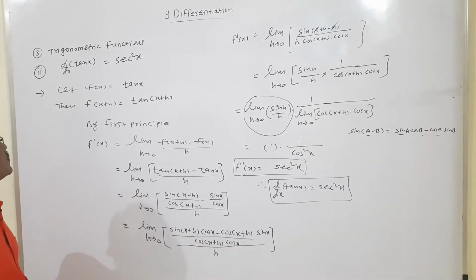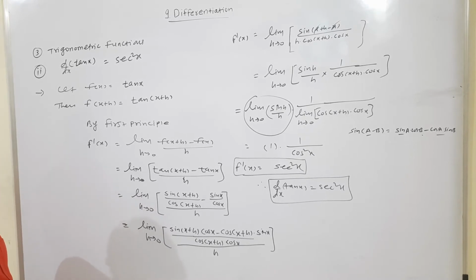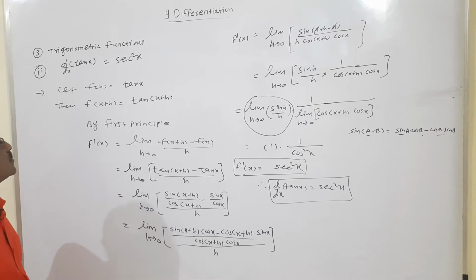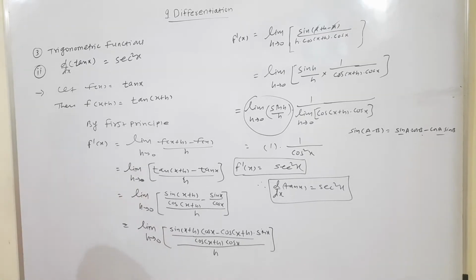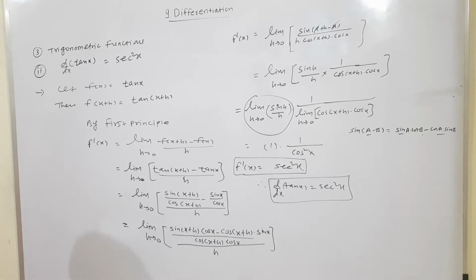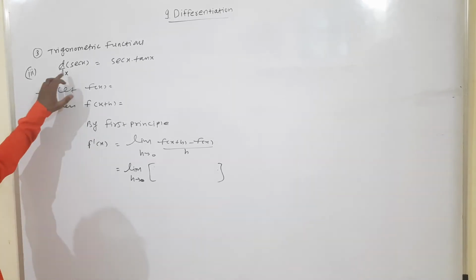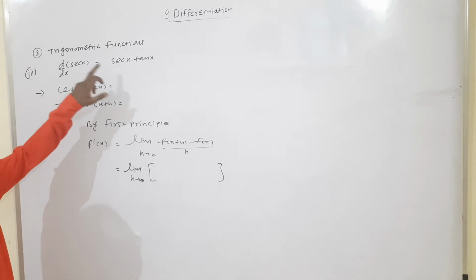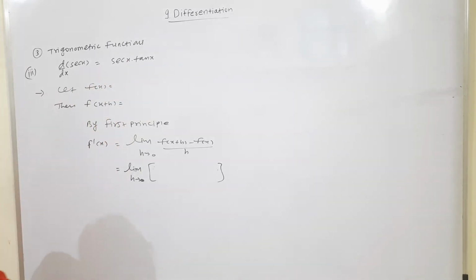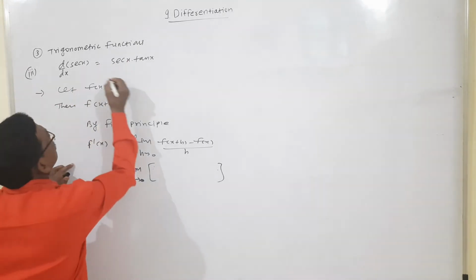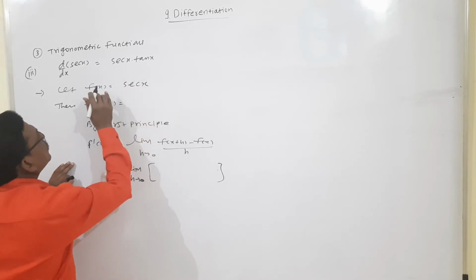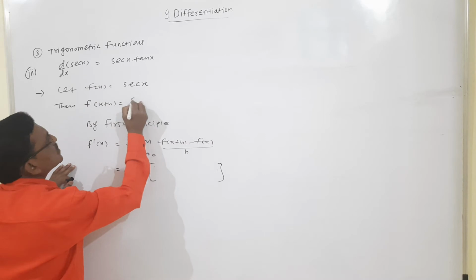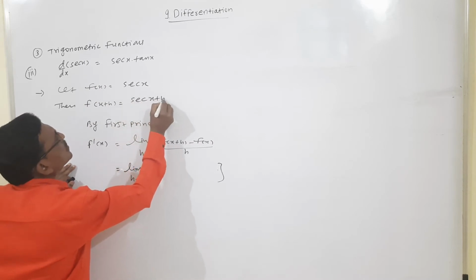Now we will take another trigonometric function, sec x, and find its derivative. The derivative of sec x with respect to x is equal to sec x into tan x. So let our function f of x be sec x, and where there is x we put x plus h, so sec of x plus h.